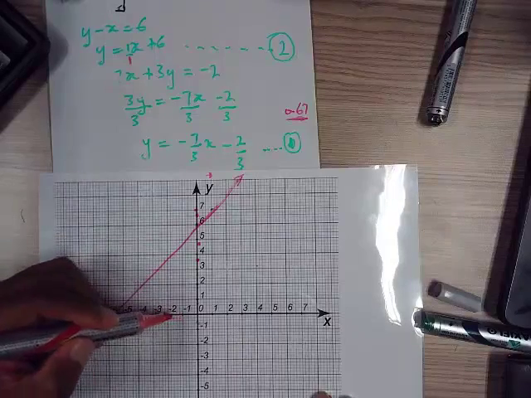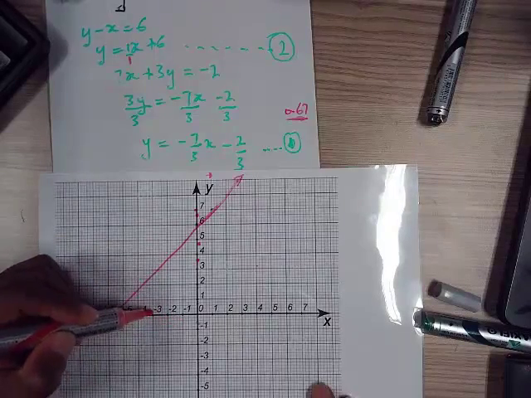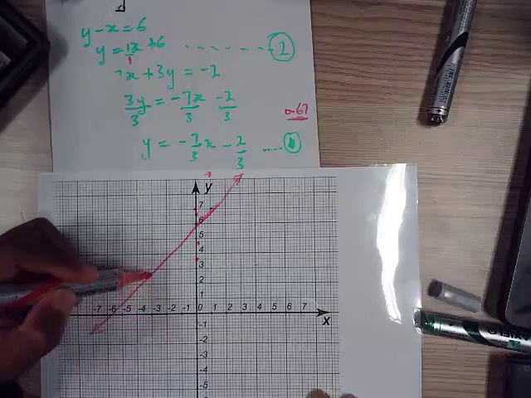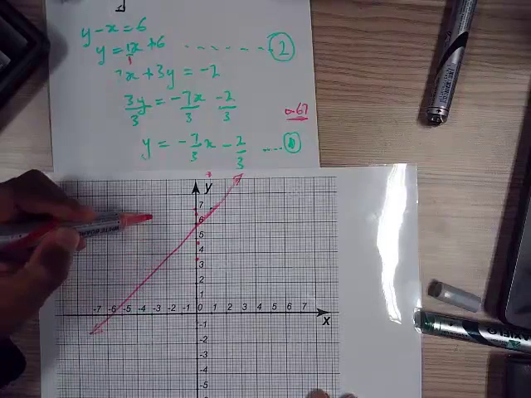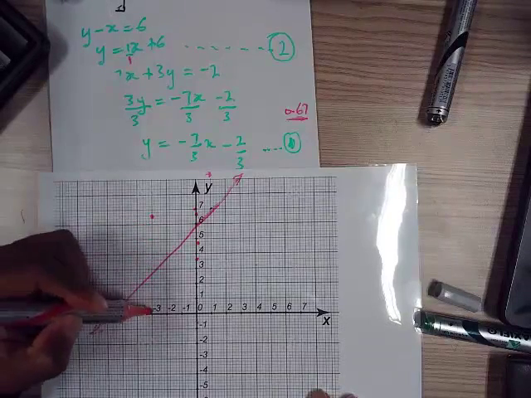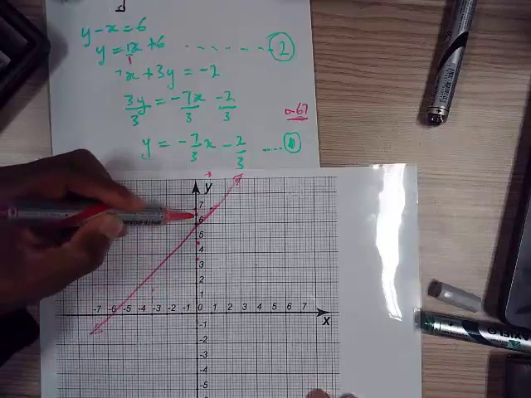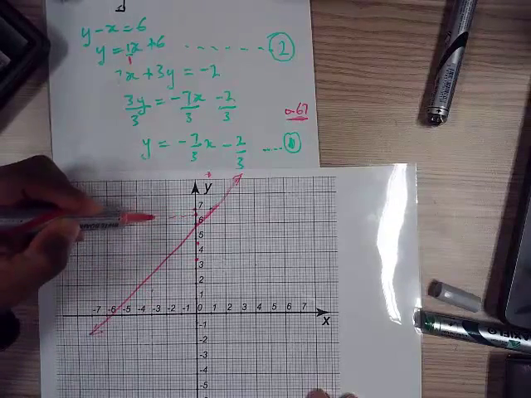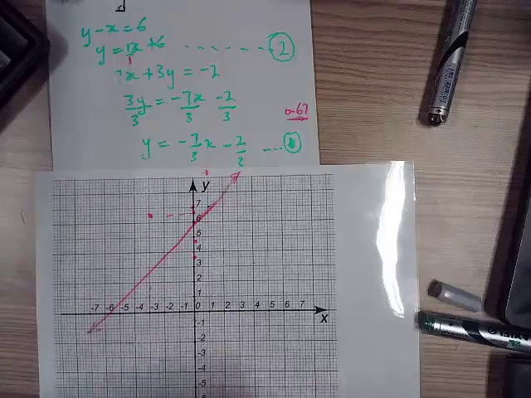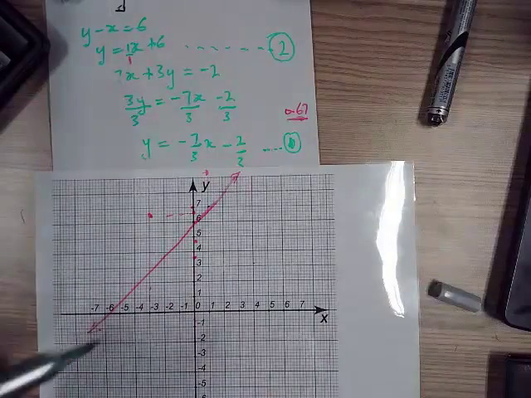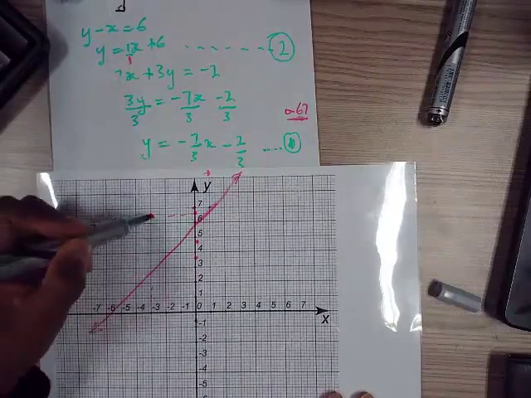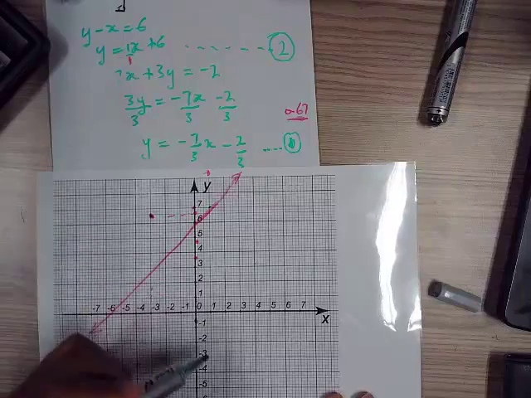So it's 1, 2, 3. And they will meet up somewhere here. So there. So now this is your first point, and that's the other point. So you join the 2 points.